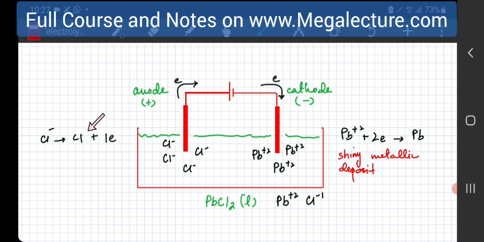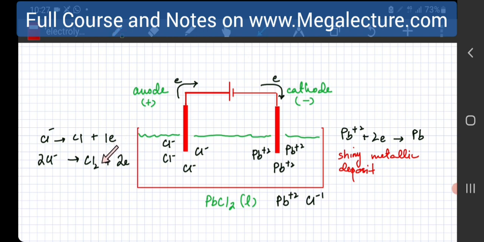So group 7 is entirely diatomic. So a single Cl atom is not going to exist. So I'm going to double everything. So I'm going to have 2 Cl ions, and together they're going to lose 2 electrons, and 2 Cl atoms are going to be produced, which will join up and form a Cl2 gas molecule. And that's going to be my equation at my anode.